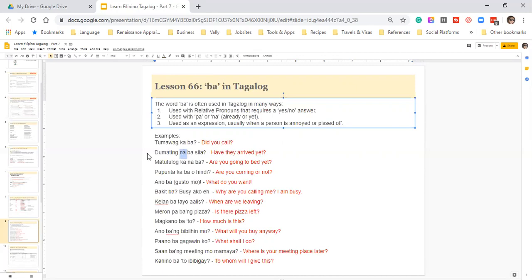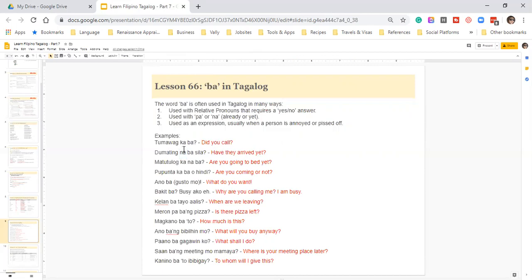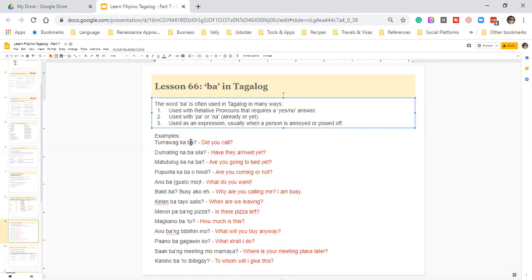Okay. So you will notice that how we use it with ba, sometimes we have to use it with na. But like the first one, tumawag ka ba? Because ba is an indication that that is a question to be answered by yes or no. It's not a statement.